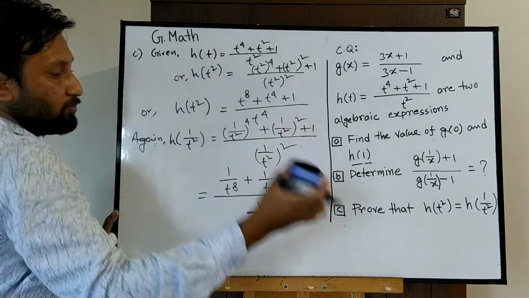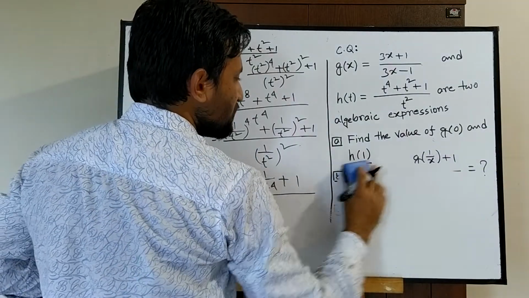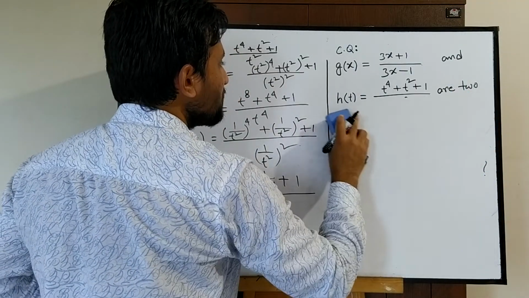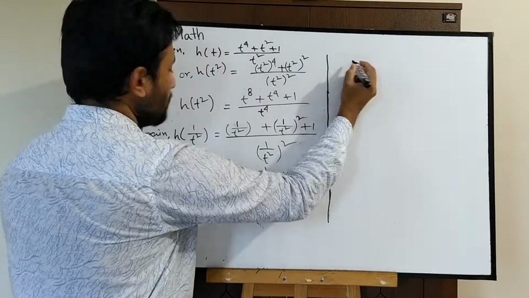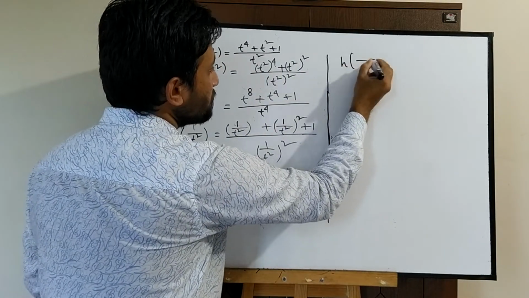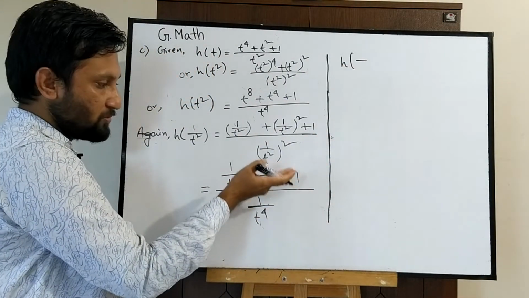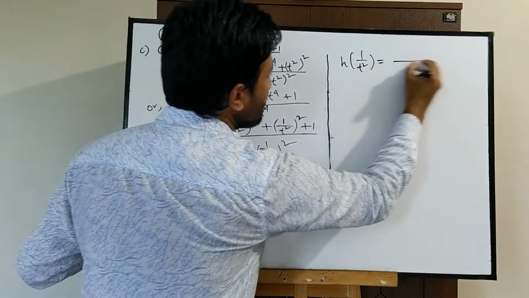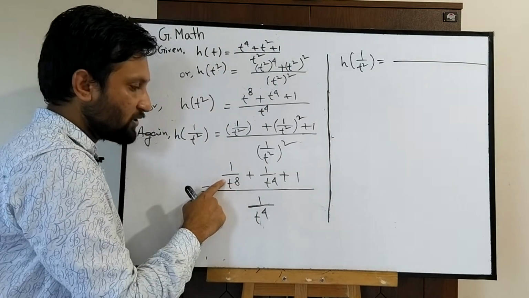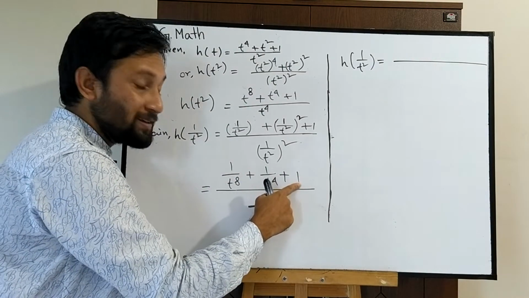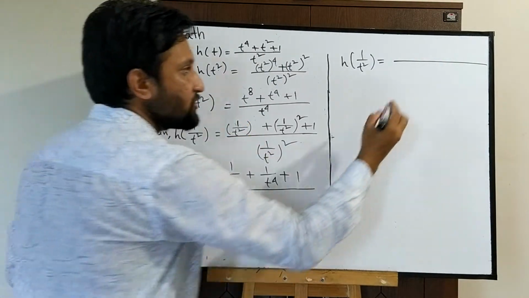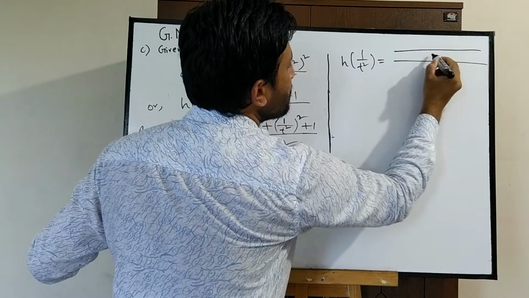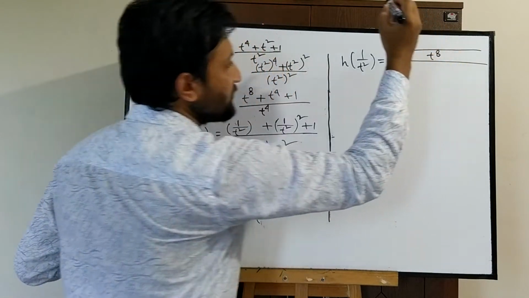Now use the LCM in both numerator and denominator. The LCM of t to the power 8, t to the power 4 and 1 is t to the power 8. So in the numerator the LCM is t to the power 8.